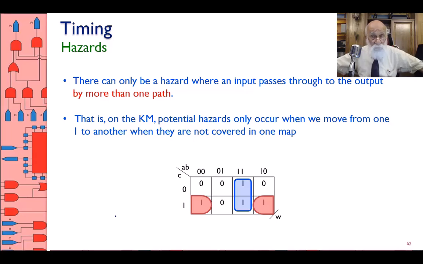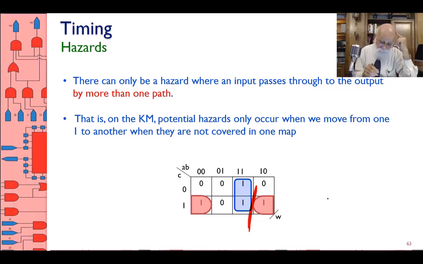If I only go with ones and zeros on the Karnaugh map and I only look at gaps between two adjacent ones, all I can tell is that I have a potential hazard.